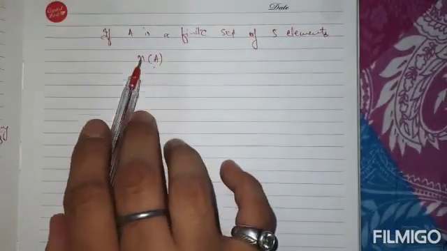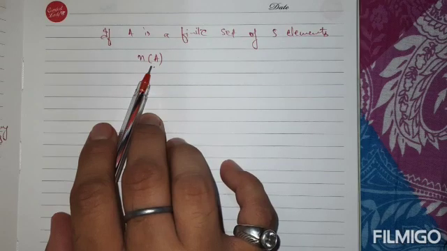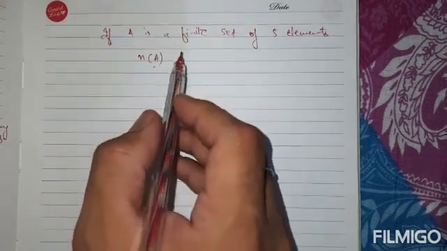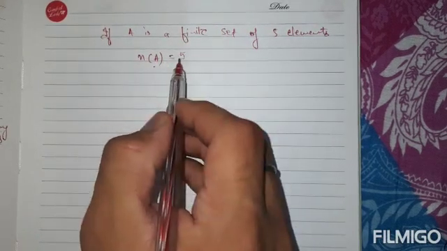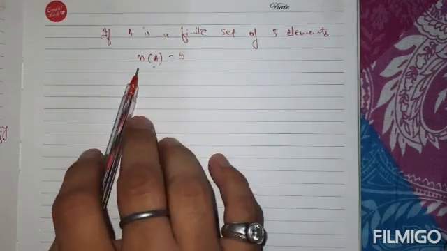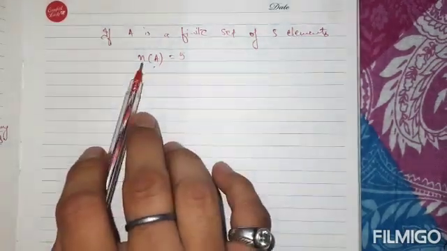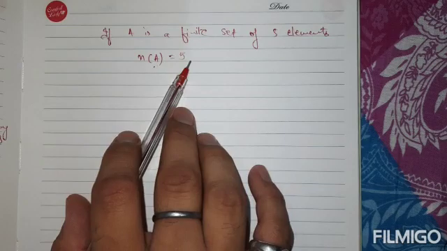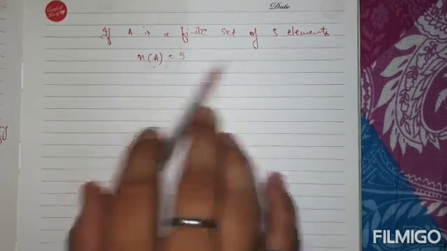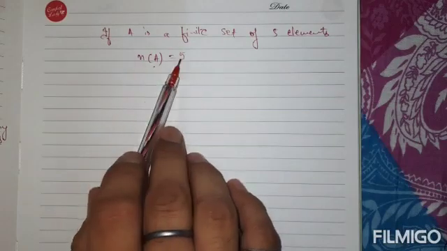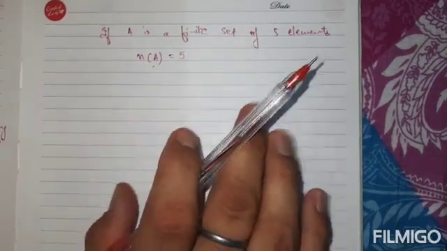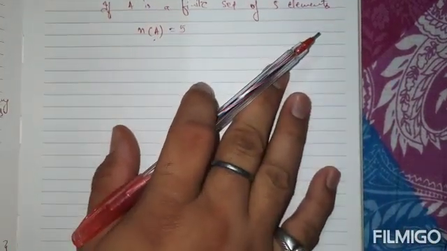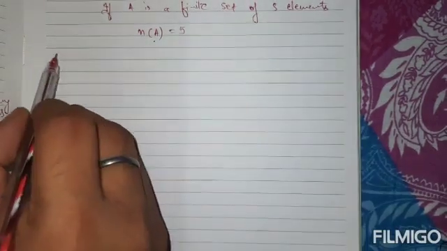See, A is any set, n(A), this symbol is used to denote the number of elements in a set. So if A is a set of 5 elements, then we write n(A) is equal to 5. You can read it as the cardinal number of A. Cardinal number of A means the number of elements in set A. It is 5. Or simply you can say n(A) is equal to 5, means there are 5 elements. See, if we have written n(A) is equal to 5, then we get no idea which elements are present, but only we know that there are 5 elements. That's all.